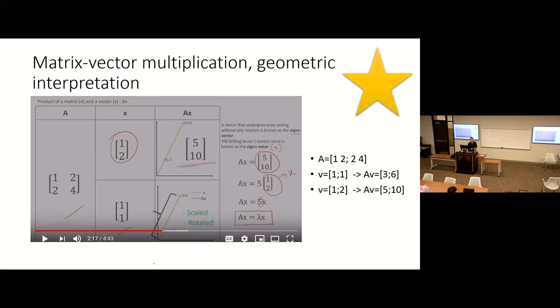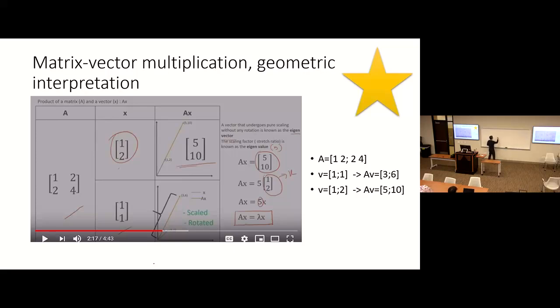Well, let's see what that means if you have a matrix A, see, this is a small squared matrix. And then we are doing a matrix to vector multiplication.